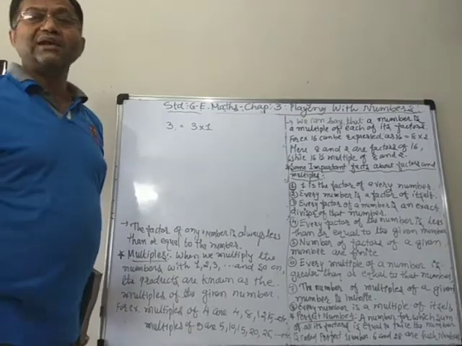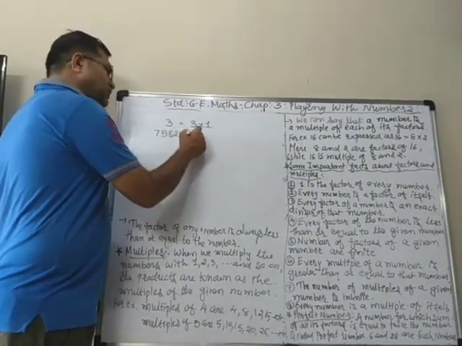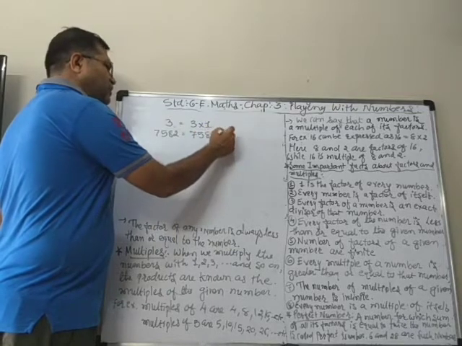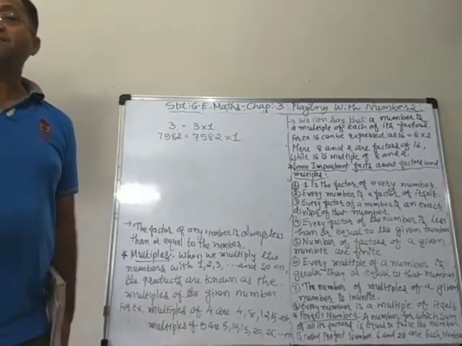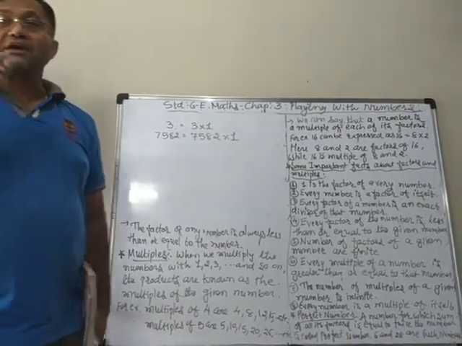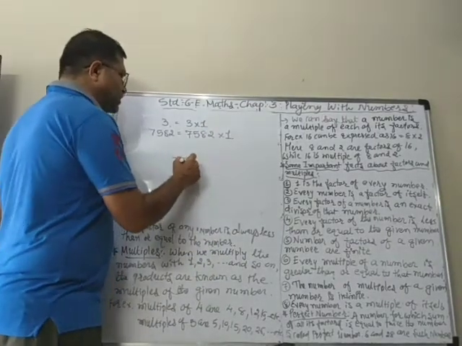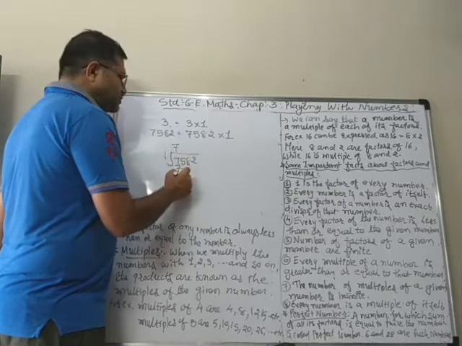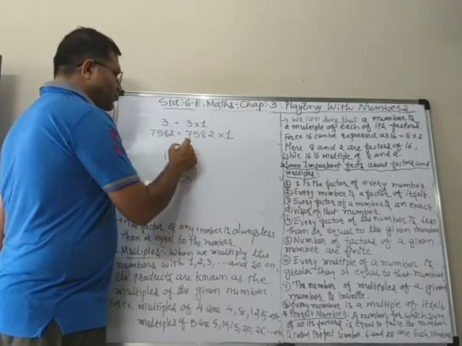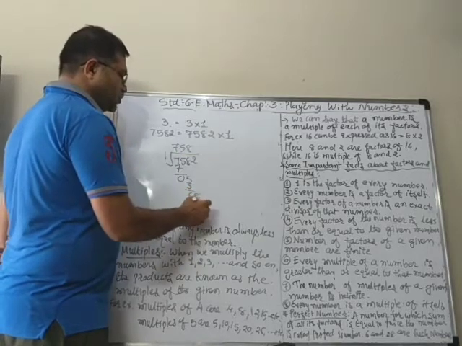You can take any number, like 7,582. You can also write it as 7,582 multiplied by 1, because 1 is an exact divisor of each and every number. So if you divide 7,582 by 1, you will get remainder 0. 5 ones are 5, 8 ones are 8, 2 ones are 2.